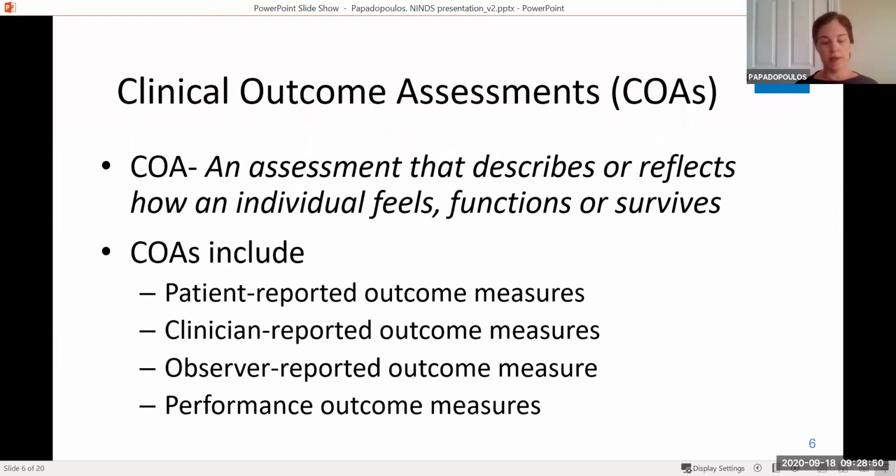It may be that we are interested in assessing symptoms in that population, and the population can report for themselves, and in this case, we would use a PRO assessment.